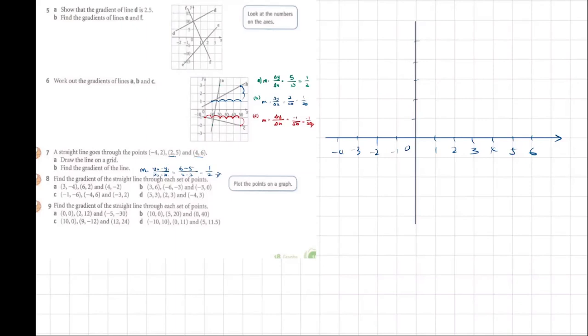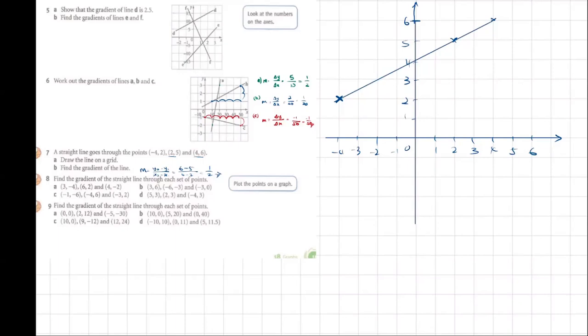Right there. We don't need a negative for the y-axis. So let's just plot our graph here. We should get -4, 2, 2, 5, 4, 6. Here's my graph.